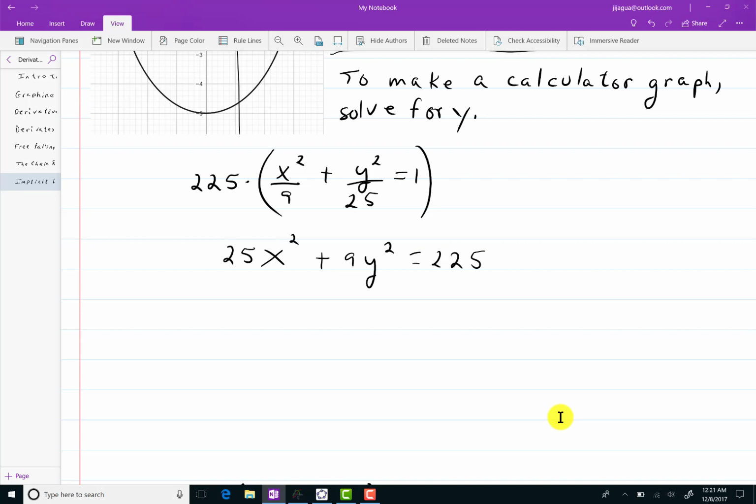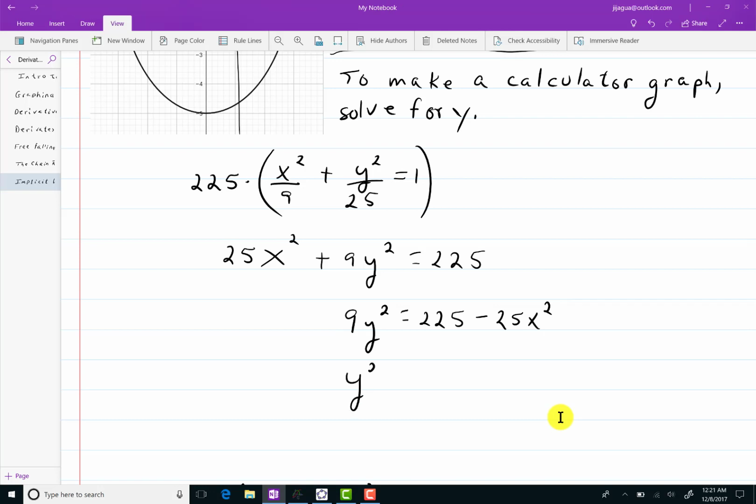Next thing I would do is subtract 25x squared. So I have 9y squared equals 225 minus 25x squared. Divide through by 9.